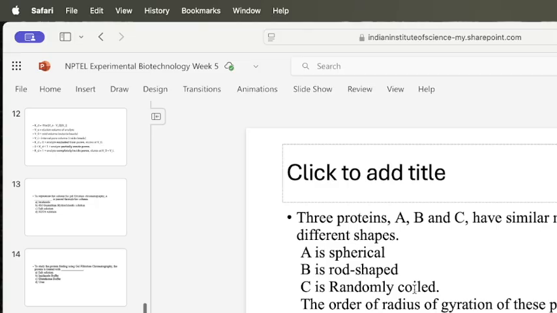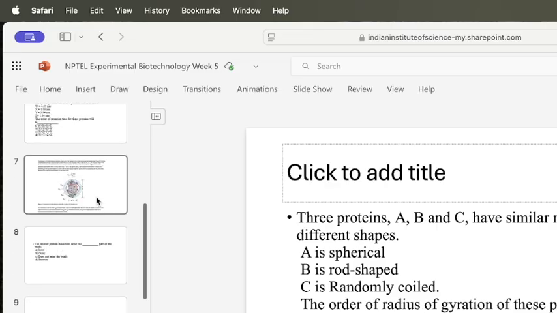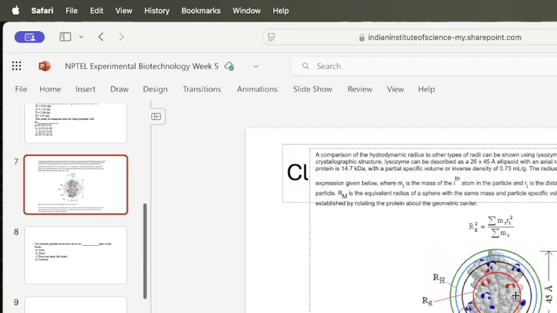Then here they say that randomly coiled will be greater than rod shaped, but that depends, because like you see from here, at least in your elongated protein you have such a radius of gyration, but in a randomly coiled protein it could very well not be aligned.